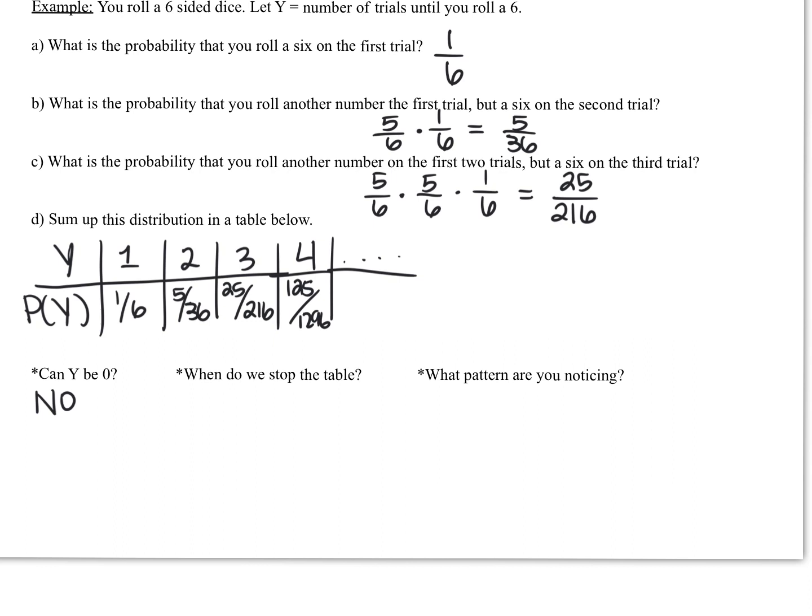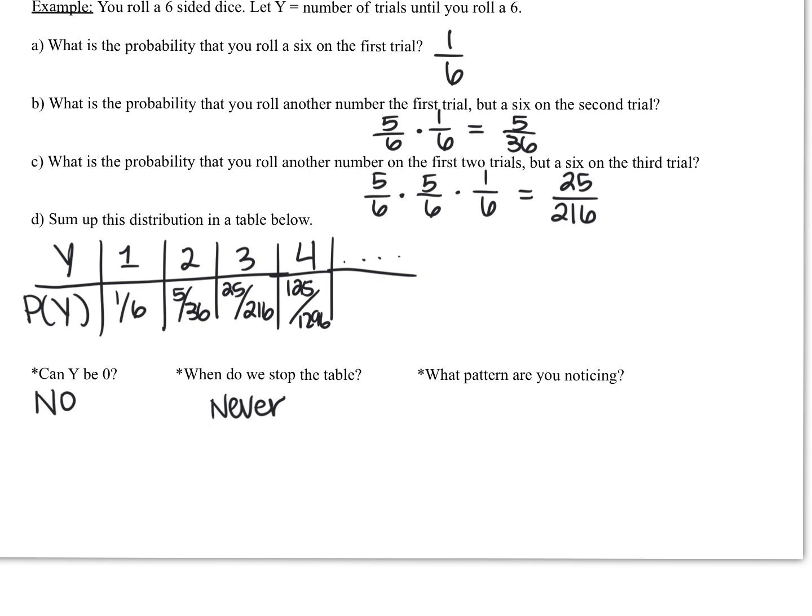No. Because we're looking for our first success, the smallest number I can have is 1. When do we stop the table? Never. Because you could technically go on forever without a success. You're not guaranteed to have a success.